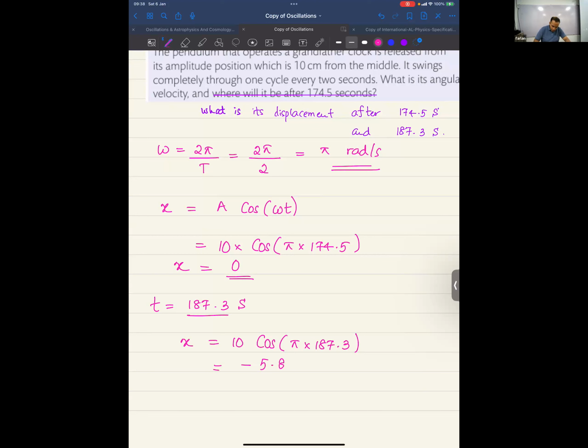Minus 5.88. That's in centimeters. That is the displacement when the time is 187.3 seconds. If you take it in meters, you will get the answer in meters. If you take it in centimeters, you will get the answer in centimeters. No problem. Okay.